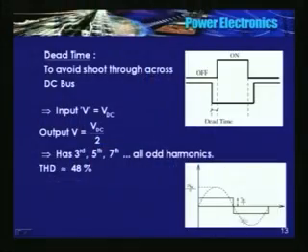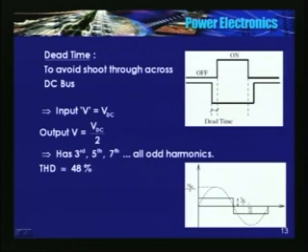If I write a Fourier series of this, it has all the odd harmonics. It's an odd function, so there is a third harmonic, 5th, 7th, 9th, 11th, including the fundamental. This is the fundamental.